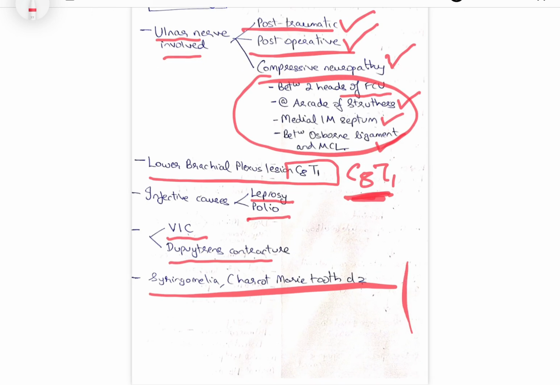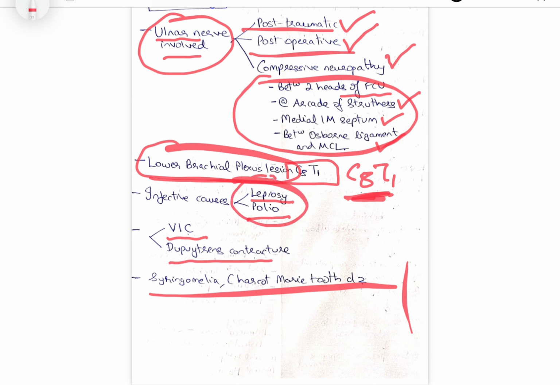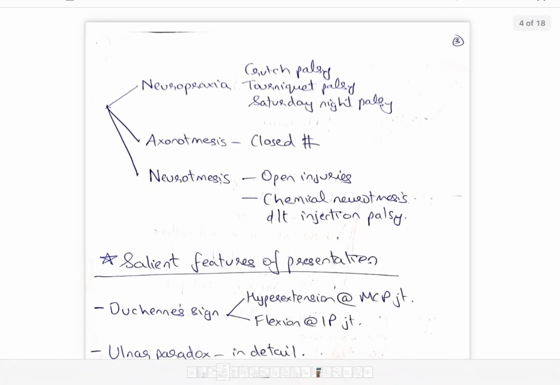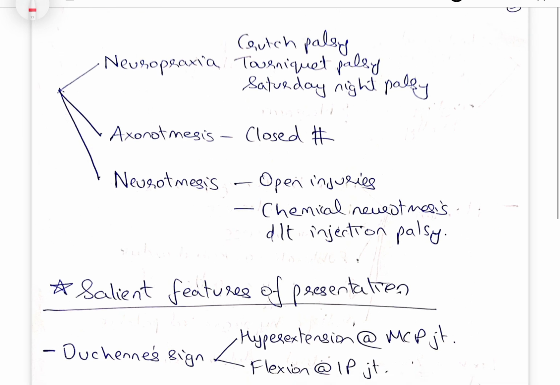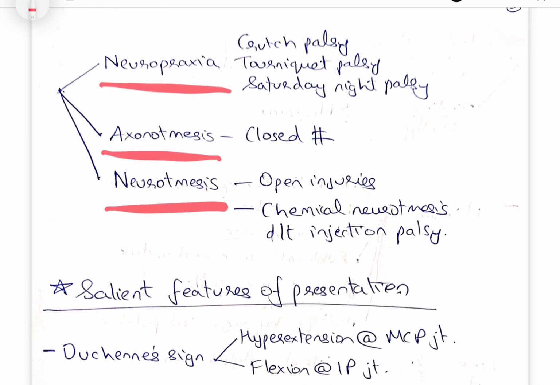Okay, so most importantly it is because of the ulnar nerve involvement due to these compressive neuropathies. It could be some higher lesion because of a lower brachial plexus lesion, and infective causes like leprosy and polio. Okay, so moving further, the palsy could be either neuropraxia, axonotmesis, or neurotmesis.